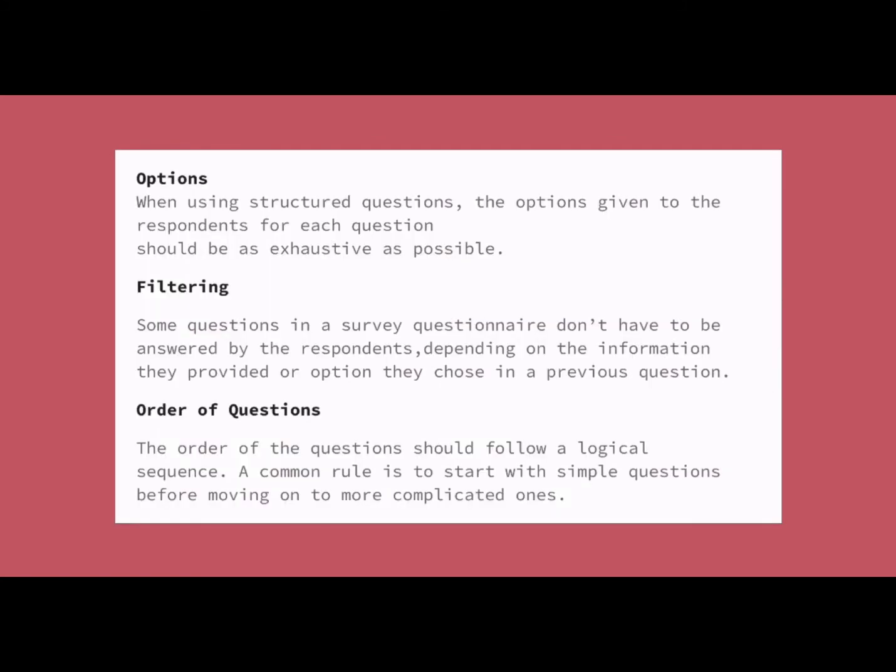So, order of questions. The order of the questions should follow a logical sequence. A common rule is to start with a simple question before moving on to the more complicated ones.